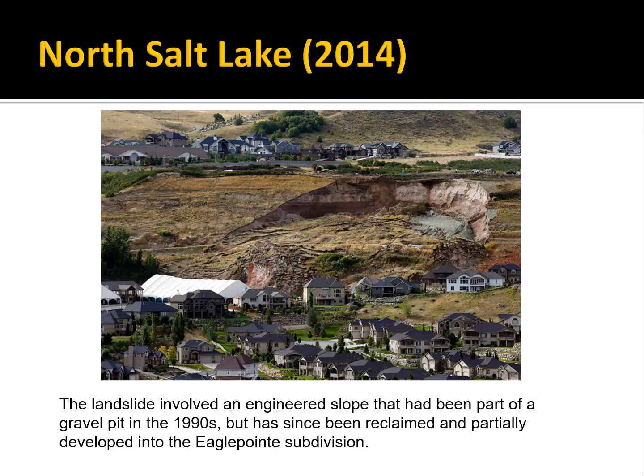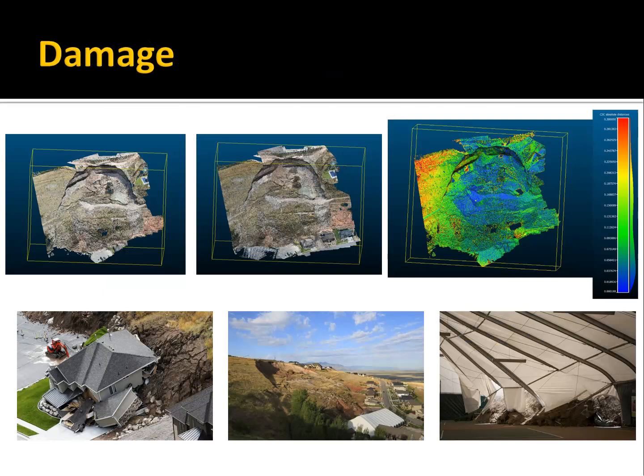This is another local slide that was kind of interesting. It was near a new subdivision in 2014. They had an engineered slope here at the edge of the subdivision. It had originally been part of a gravel pit, but they did some earthwork there, but then this slid down.